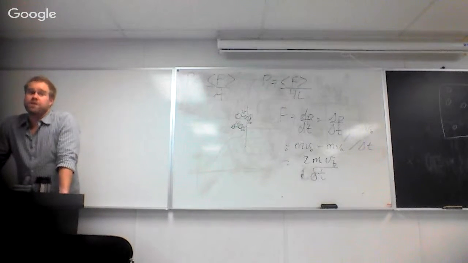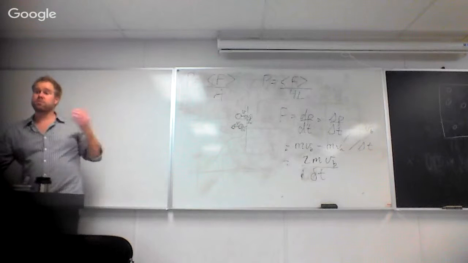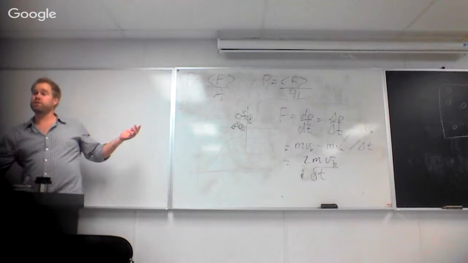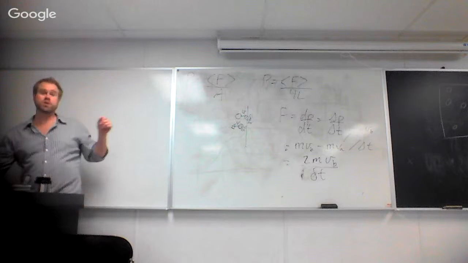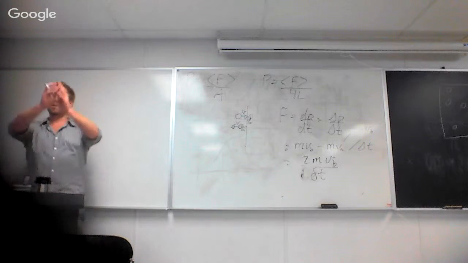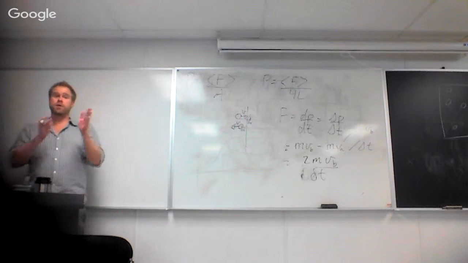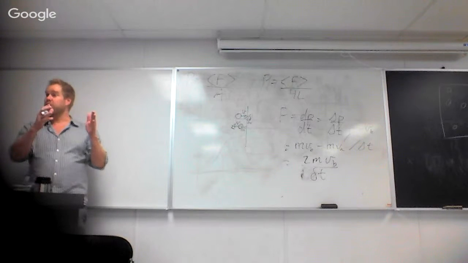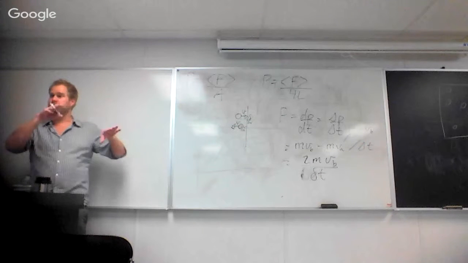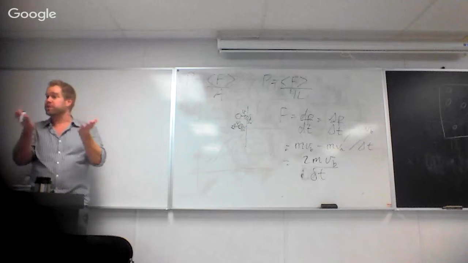So what happens now is if you have a very small time step, when you calculate the force at each time step, you're going to get a lot of zeros, because no particles are hitting the wall, and every now and then a particle hits the wall, and you get a non-zero result. If you increase the time step, you might have a couple of particles within a single time step. Before you would see those as individual events; now they would just be lumped into one number.